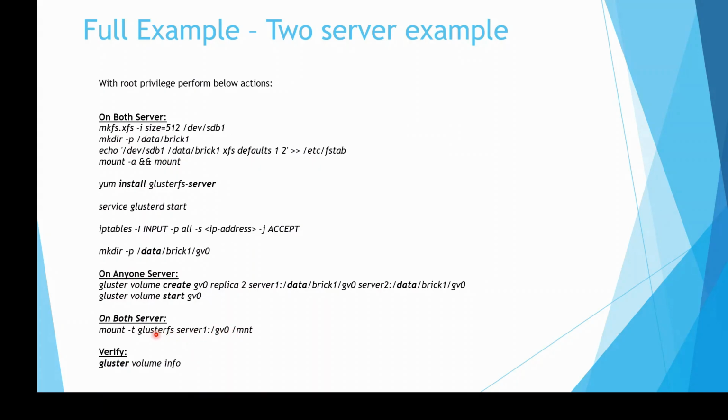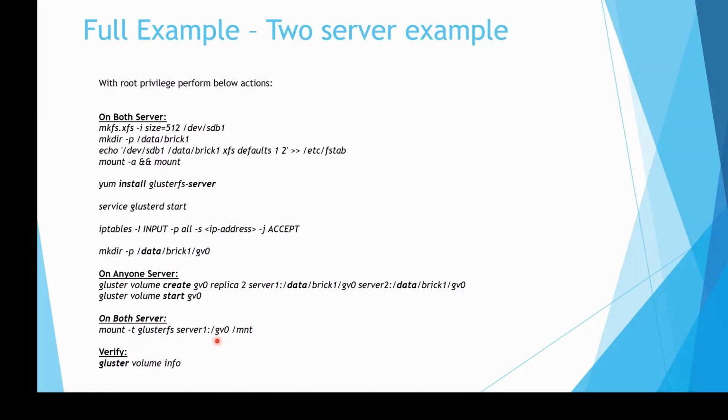Remember that this is pointing to server 1, but in your case you have to do it on both server 1 and server 2. So we mount this gv0 Gluster volume on /mnt. Once you do this on both servers and it's successful, you can use this command on any server and see the information about the volume being created.